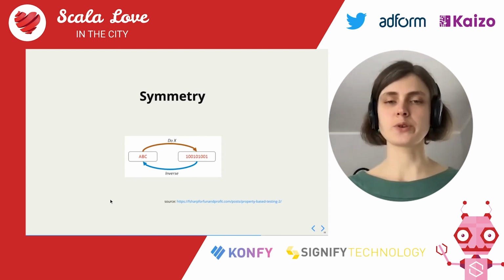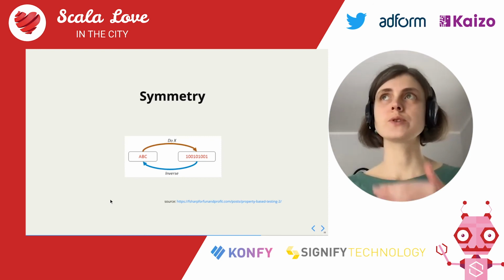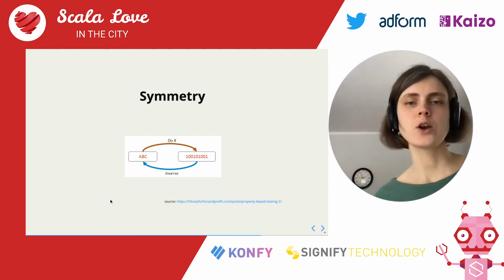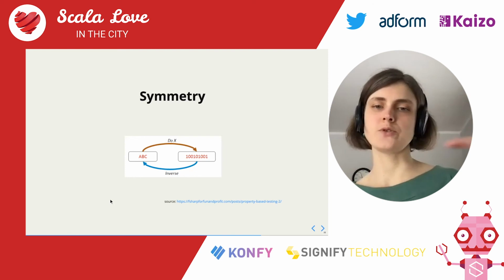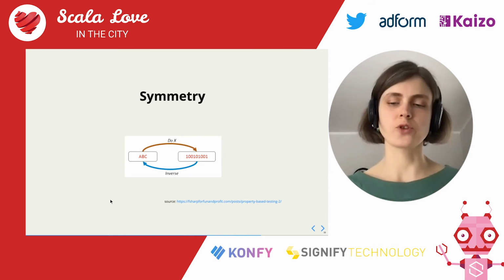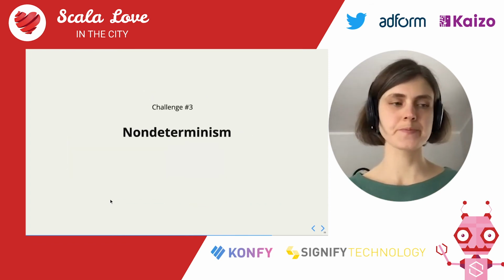This is a great property. Or for example, you serialize some data, and then you deserialize it, or maybe you reverse the list and then you reverse it again. So these kinds of patterns are really helpful for coming up with properties.